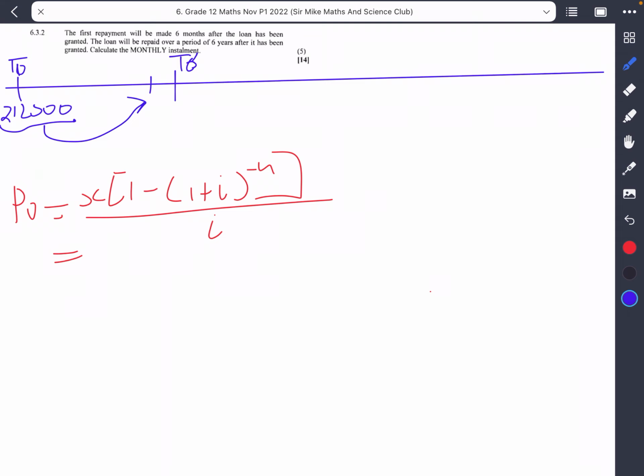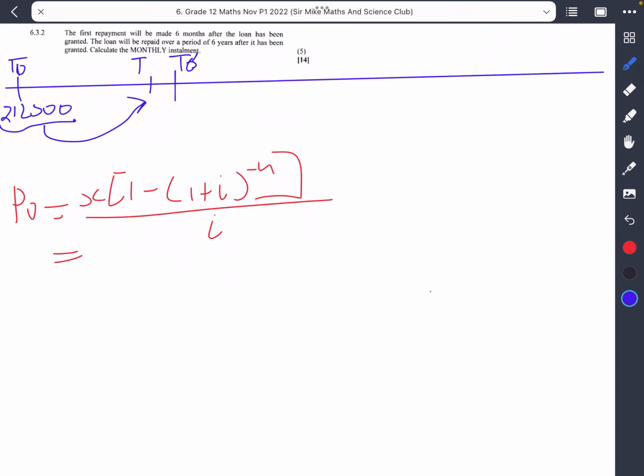If you have watched the videos that I made on finance, you would notice that we're going to grow this amount, because built into the present value annuity formula is the idea that one period must pass before the first payment is made.